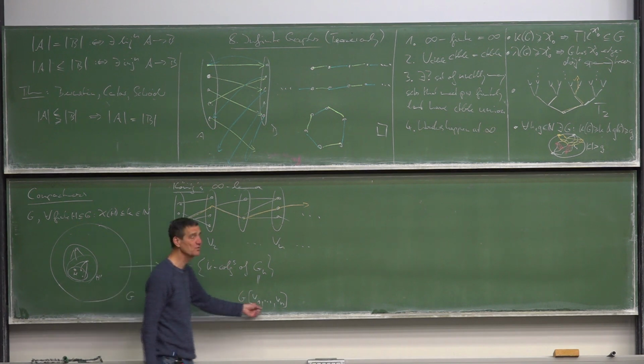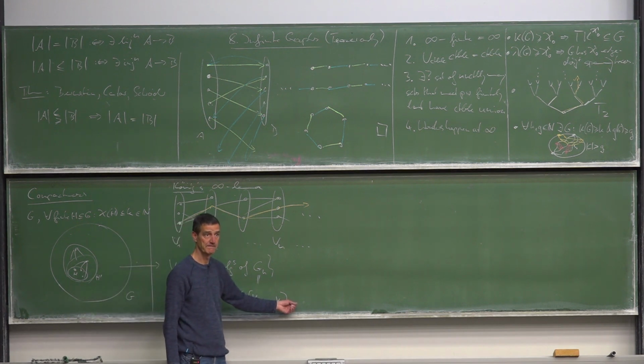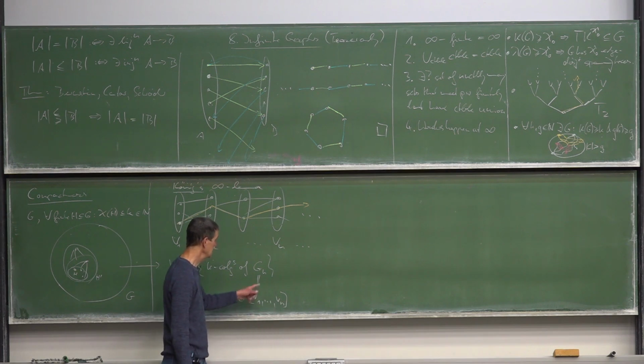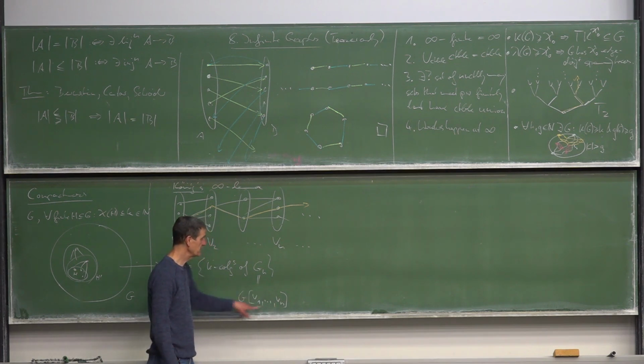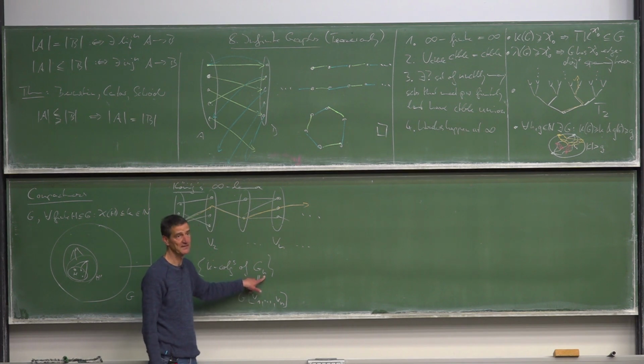Let's enumerate all the vertices. And then whatever the first n vertices induce, let's give that a name, call it Gn. That's a finite graph. Many, many finite graphs do not have this form, right? But all these graphs are finite, and therefore they have a coloring with at most K colors.